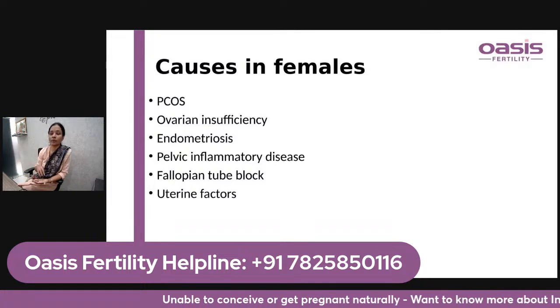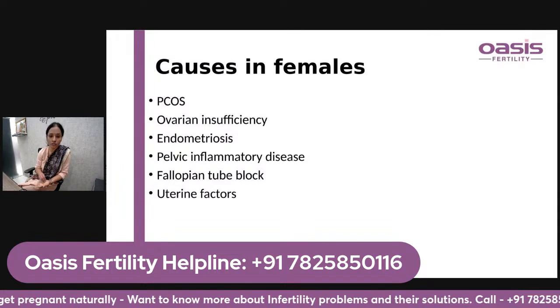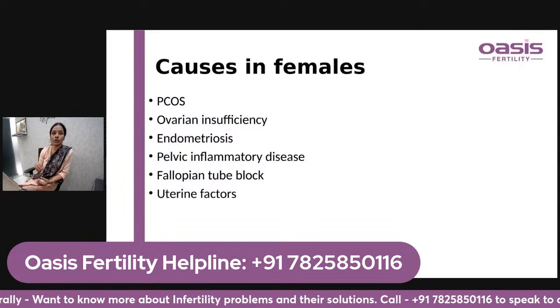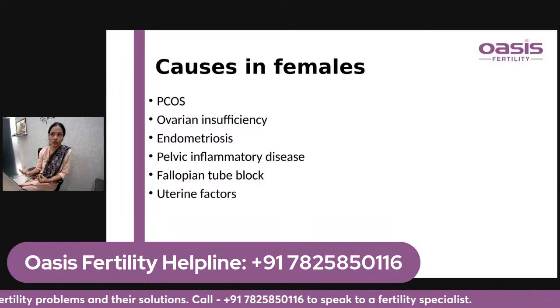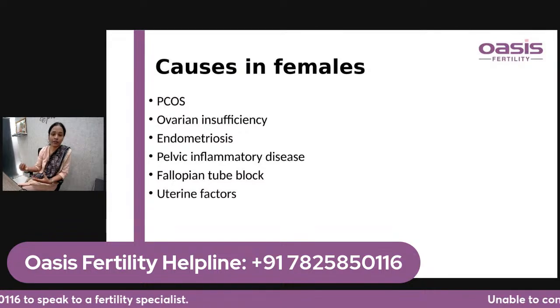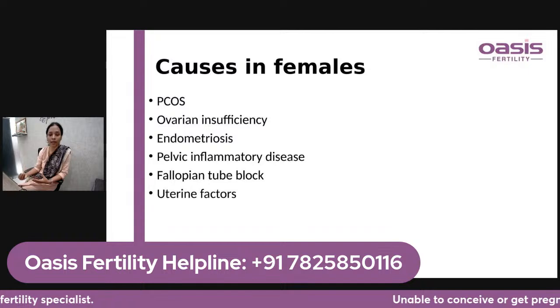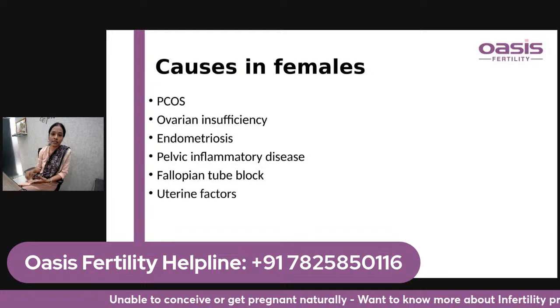Fallopian tubal blocks can cause infertility. Also, some uterine problems can progress over time. A woman may conceive the first time, but during the interval she takes to decide and plan her next pregnancy, some problems in the uterus can progress and result in secondary infertility.